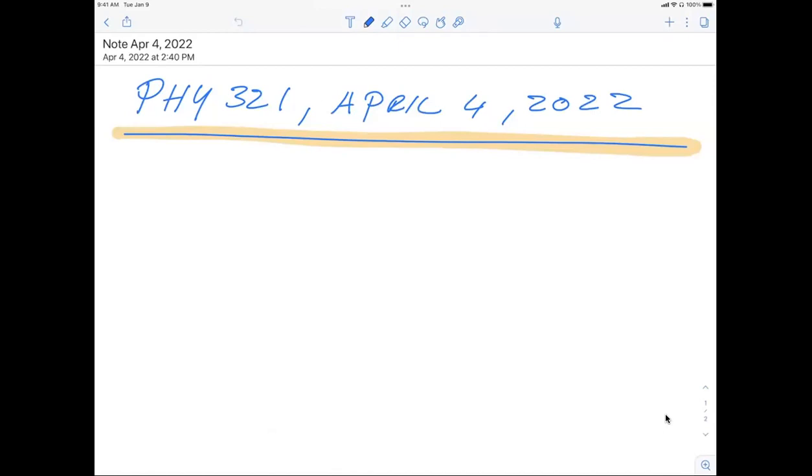But let's now try to make these connections. What we did on Friday was actually to demonstrate that we could obtain elliptical orbits. So we have the following equations. We have an equation for the radial acceleration, which we wrote like this, and this is given in terms of the radial component of the force.